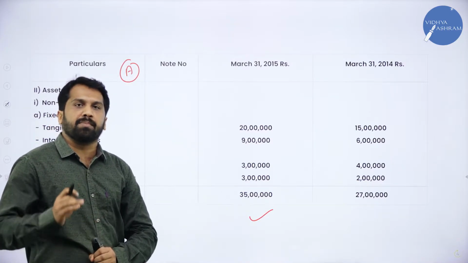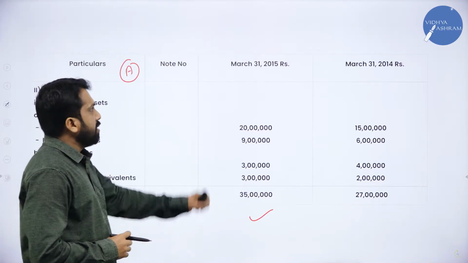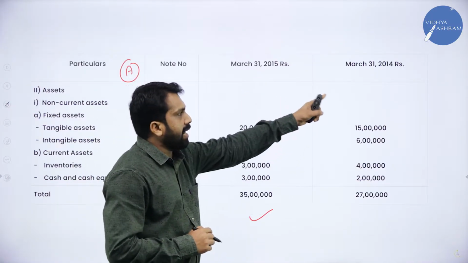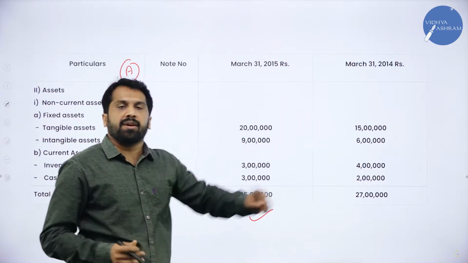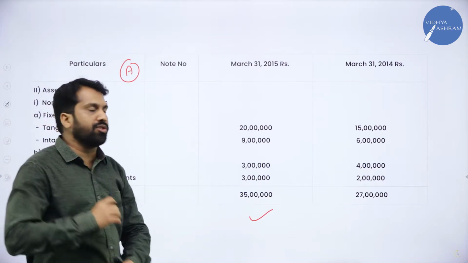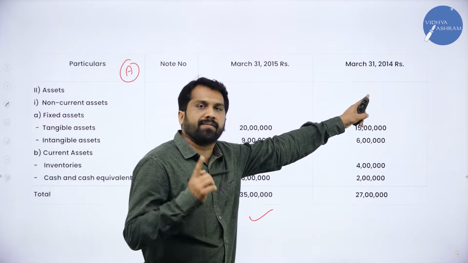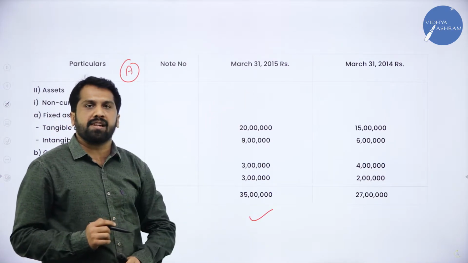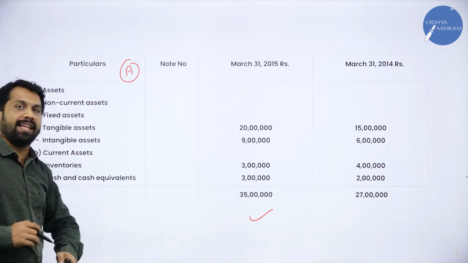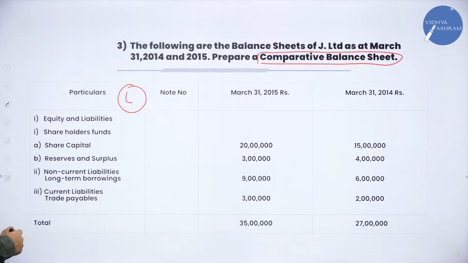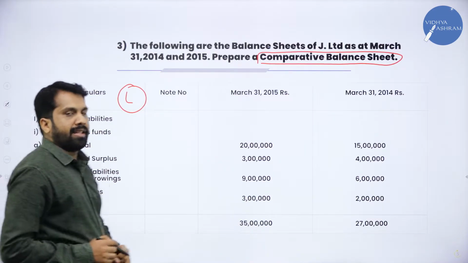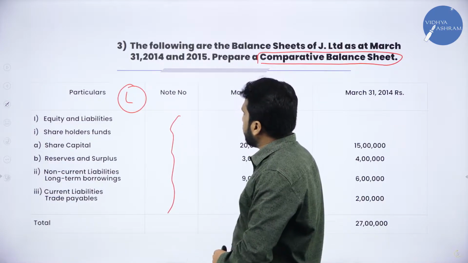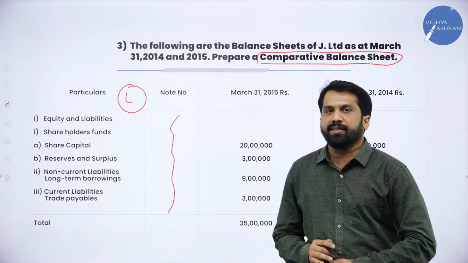In examination, be careful. Why? Because 2015 they have given first, then they have given 2014. While doing your answer, you should take 2014 first, then you should go for 2015. I'll go back to your liability. These are your liability. The note, they have not given in the question paper, so it will be blank only.